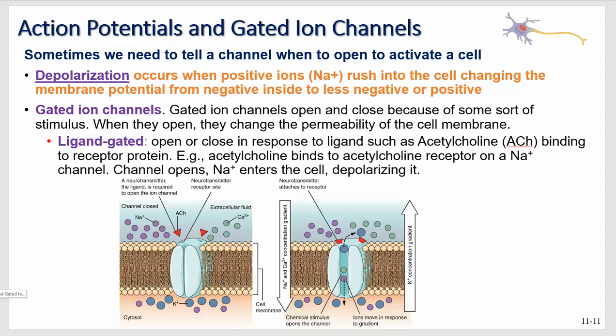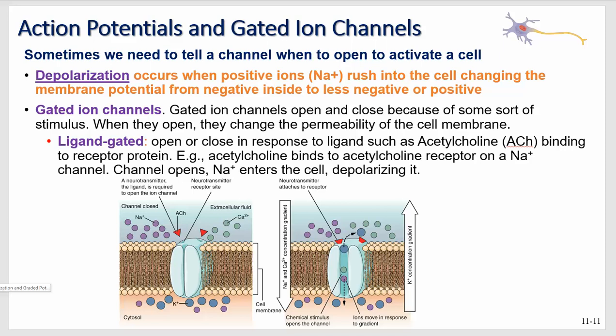Okay, action potentials and gated ion channels. Now we're going to start talking about action potentials. Some terms I'm going to go over a couple of times. We need to tell a channel when to open or activate a cell. We've already figured out that the inside of the cell is negatively charged and that sodium is in high concentration on the outside.